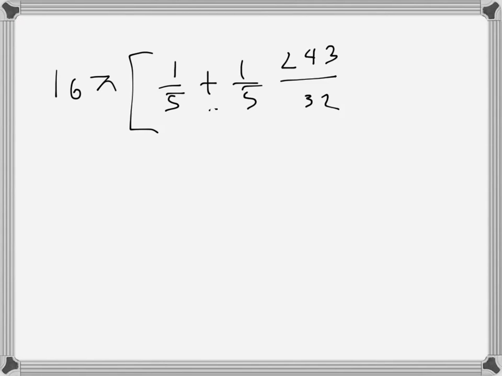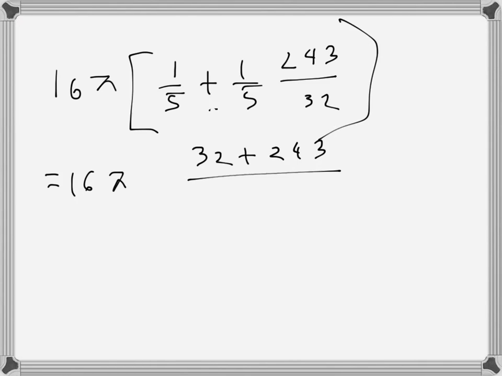And then we have 16 pi, so this is 32 plus 243, and then here we have 160, so basically we have 275 over 10 pi.